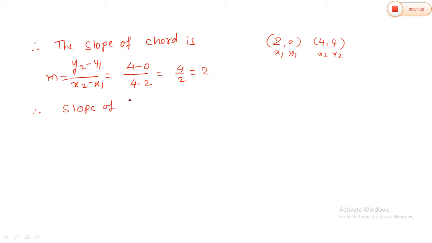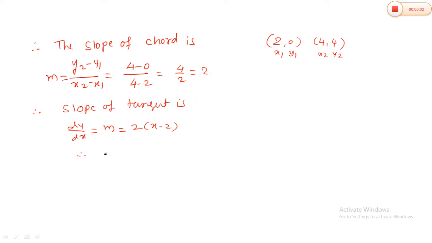Therefore the slope of the tangent is dy by dx, that is m equal to 2 into (x minus 2). So m here is equal to 2.